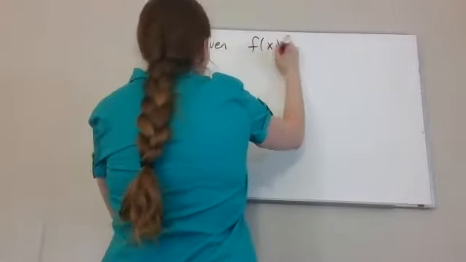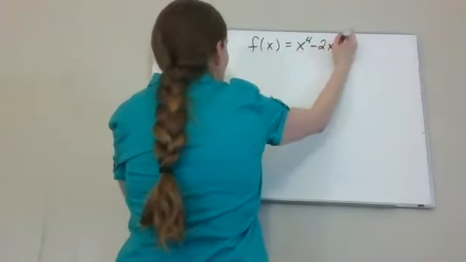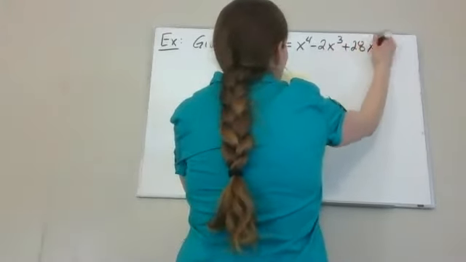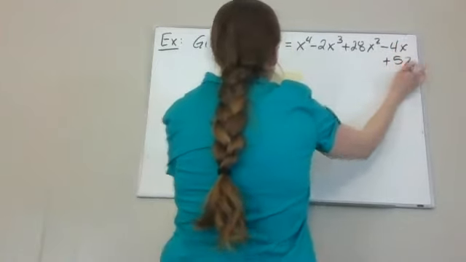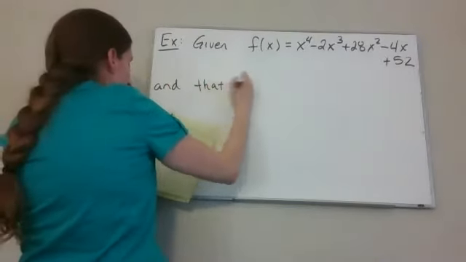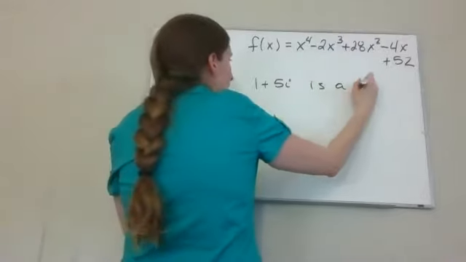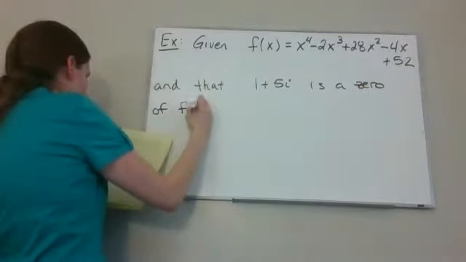Given f of x equals x to the 4th minus 2x to the 3rd plus 28x squared minus 4x plus 52, and that 1 plus 5i is a 0 of f of x.